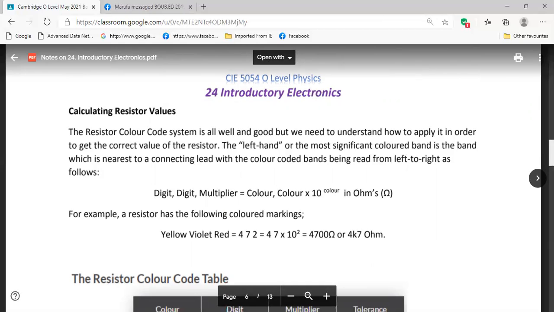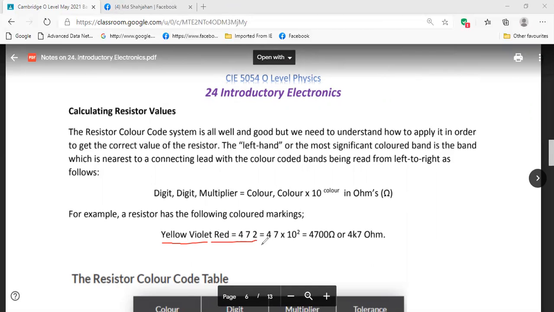Now for yellow they are giving 4, then violet is 7, and red is 2. Till here they will give you.